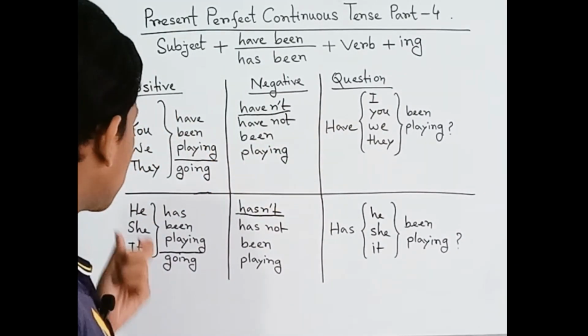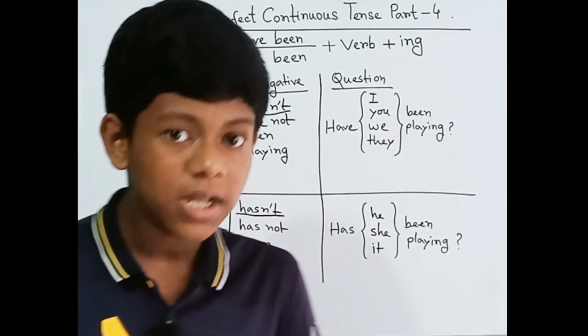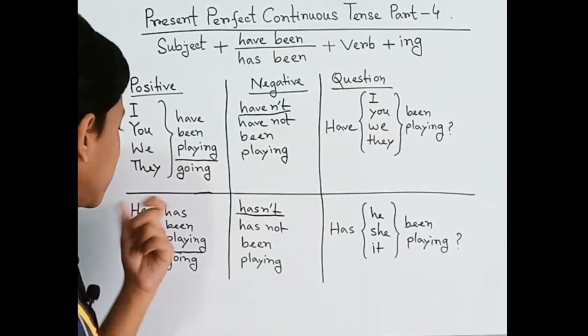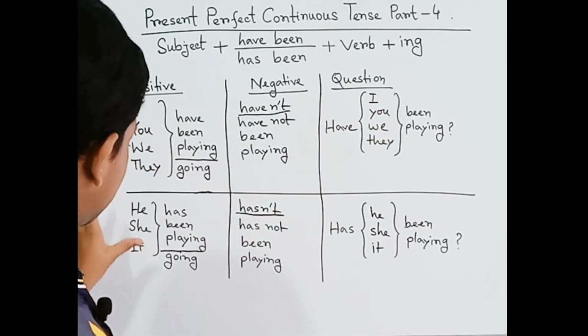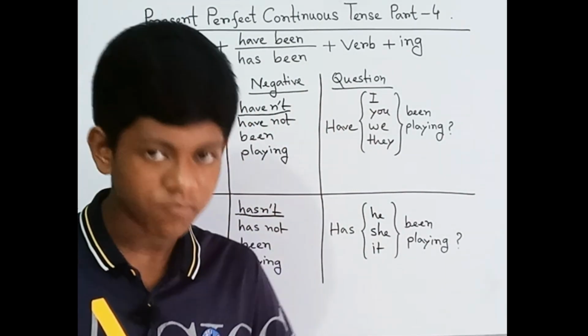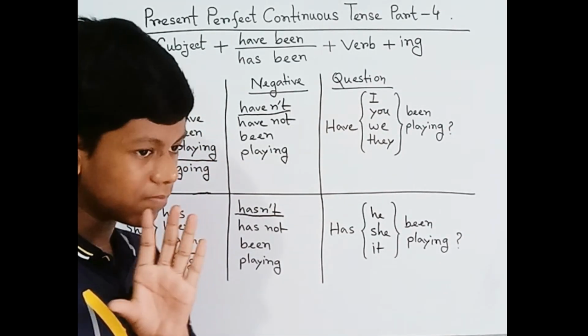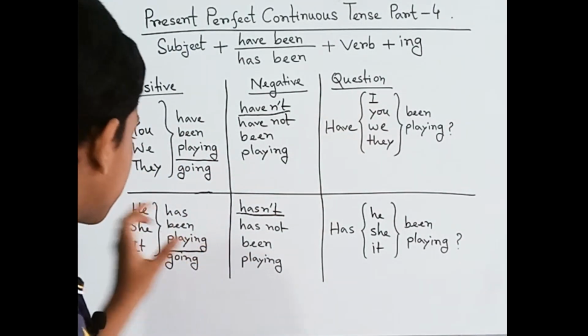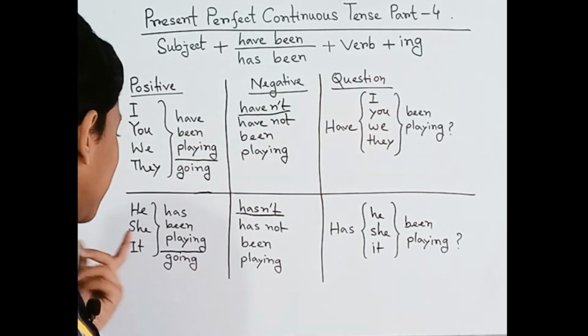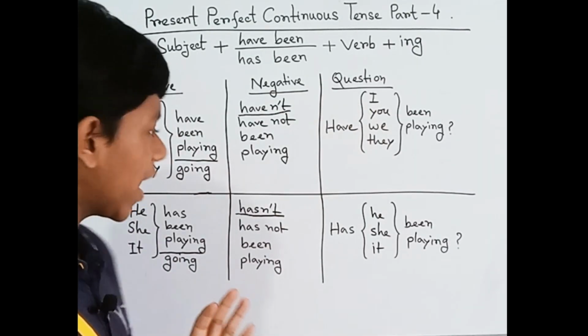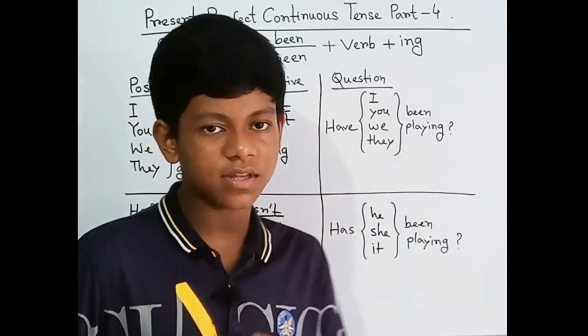Why? Because as we know, he is third person singular. So we have to put has after these third person singular subjects. Then we have to keep the same words, same forms. He has been playing, she has been playing, it has been playing. Okay, we have already got the positive one.